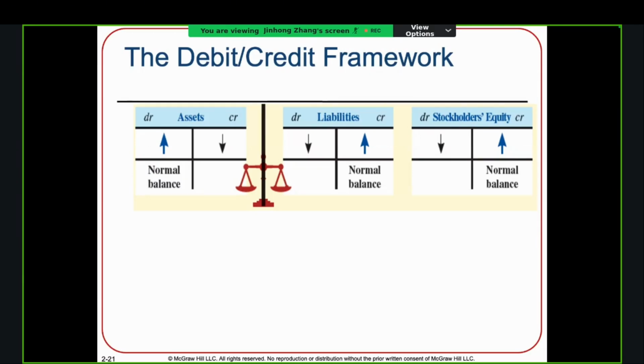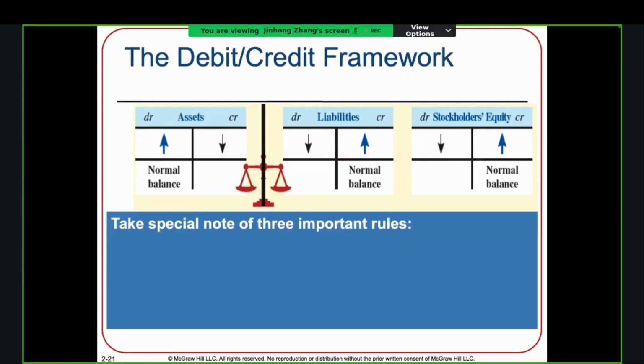Awesome. So take special note of the three important rules. Accounts increase on the same side as they appear in this equation: assets equal liabilities plus stockholders' equity. So what it means is, assets increase on the left side, and on the right side, liability and stockholders' equity also increase.